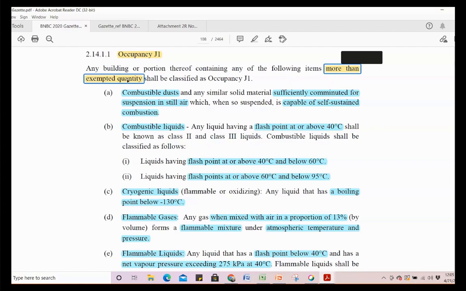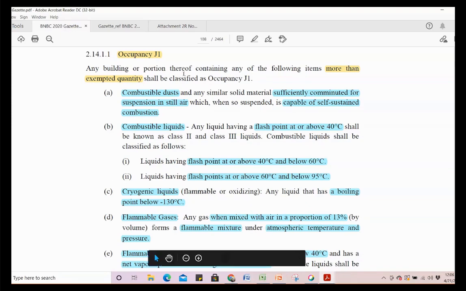There was a table referred yesterday in the last presentation, which contained the exempted quantity for different hazardous material. So if any building or portion thereof contains any material that is more than exempted quantity, the building shall be classified as occupancy J1. So what are these materials and what are its specific situations?